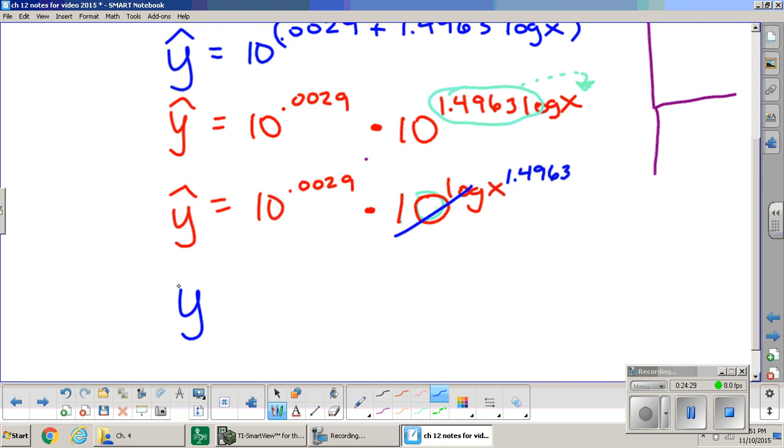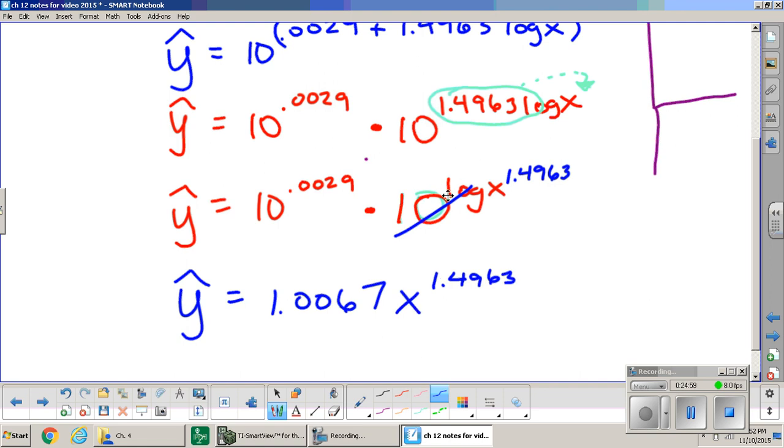Ta-da! We're finally done. This part right here, 10 to the 0.0029, comes out to be 1.0067. You can do it on your calculator too, you don't need to wait for me. So we have 1.0067 times x to the 1.4963.